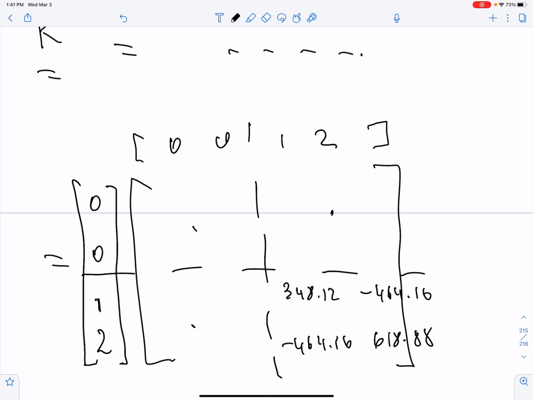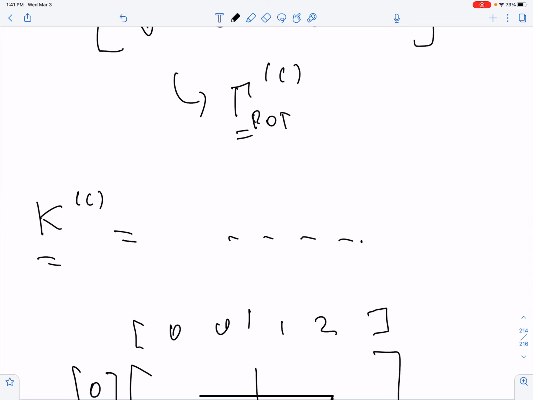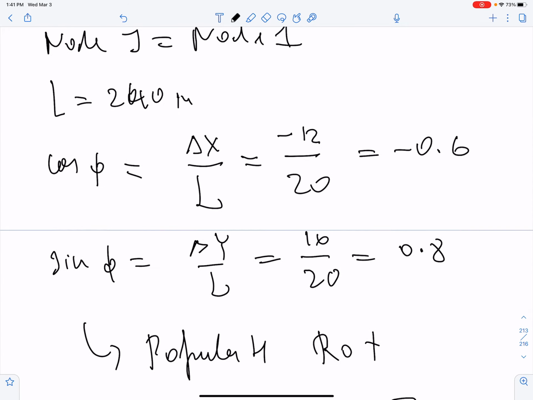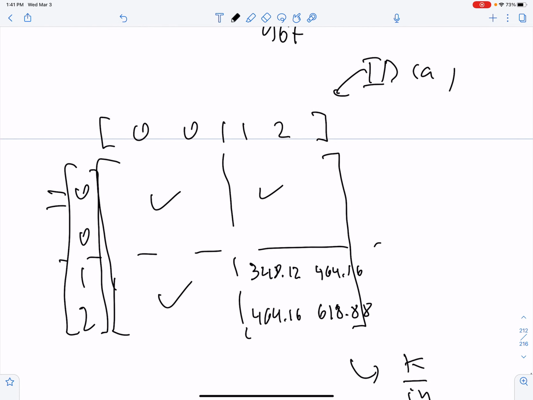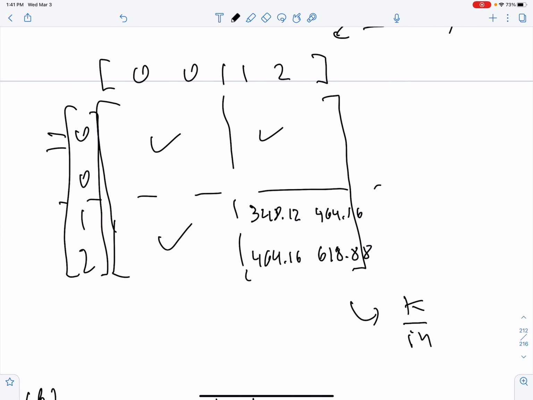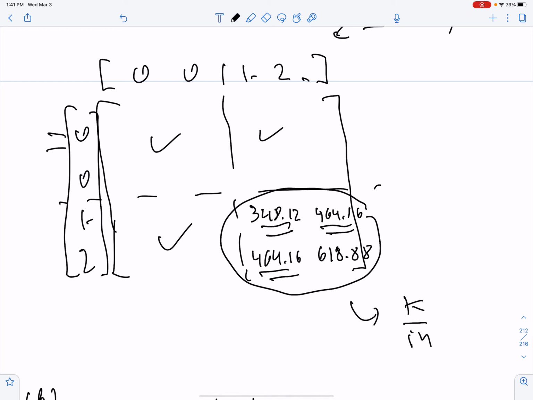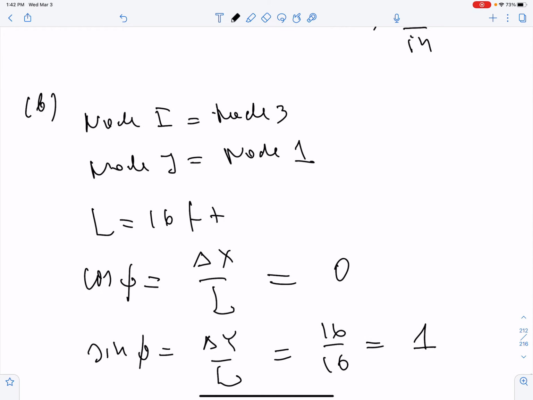Okay, good. All right. So next, we'll go through the elements one by one, and we assemble these into entries of KFF, right? So this guy will go into 1, 1, this guy will go into 1, 2, this guy will go into 2, 1, and this guy will go into 2, 2. Right?